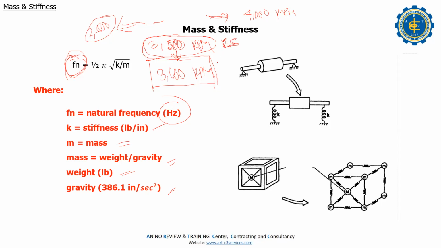So mass and stiffness are considered to move the critical speed away from your normal operating speed.